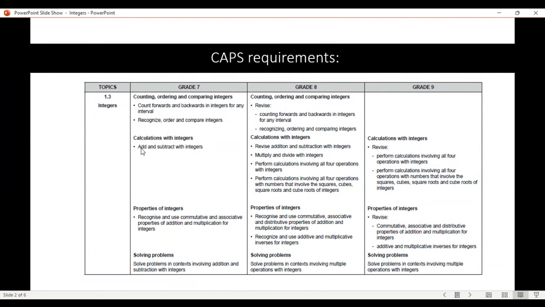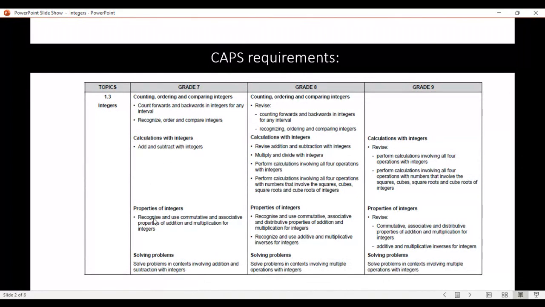So we stick to calculations with addition and subtraction, and then to solve problems in contexts involving addition and subtraction with integers. So this is how it fits into the curriculum.